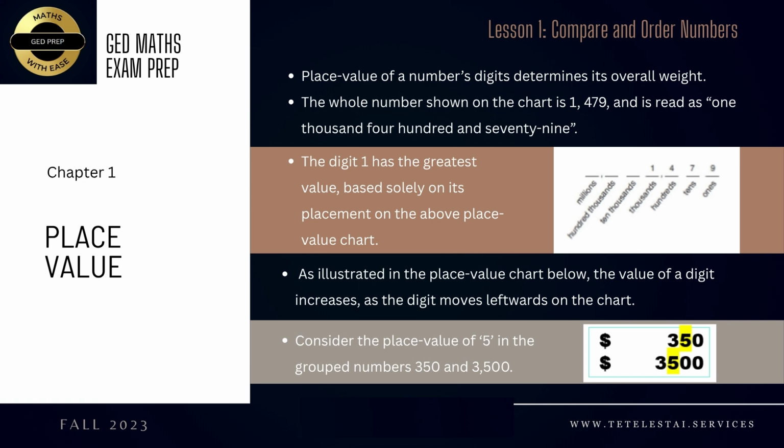So essentially, the key takeaway that you should be getting from this example is that the place value of a number is very important in determining the size of the grouped number.